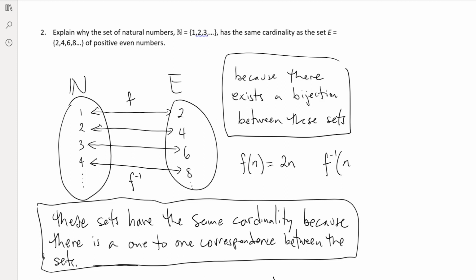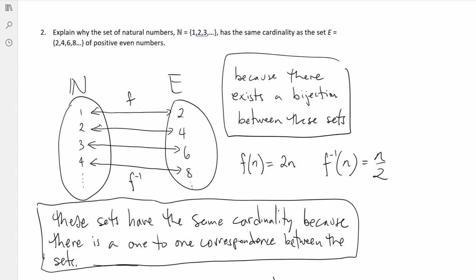That inverse is easy enough to find. For any even number, let's say the even number n, just divide it by 2, and you are back to the natural number that corresponds to that value in this bijection. So every time you have a bijection, you have a function and its inverse. Because it's injective, it has an inverse, and so you can draw arrows that point back and forth between the two sets.